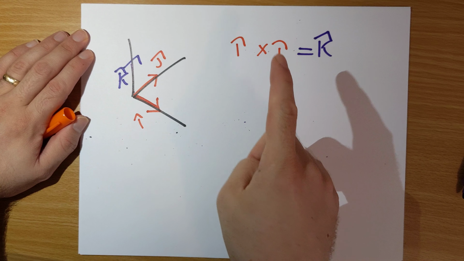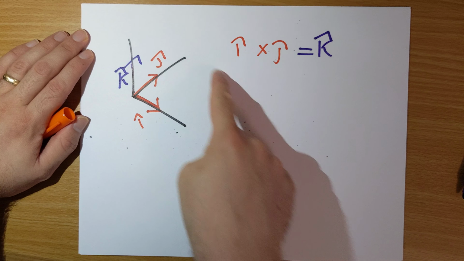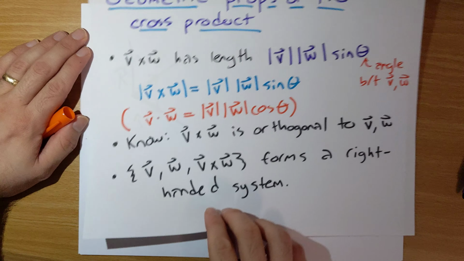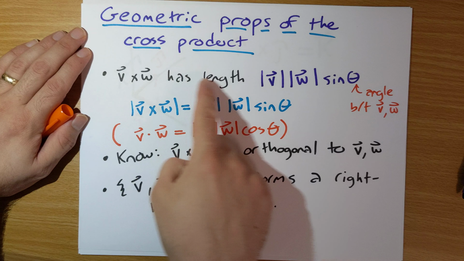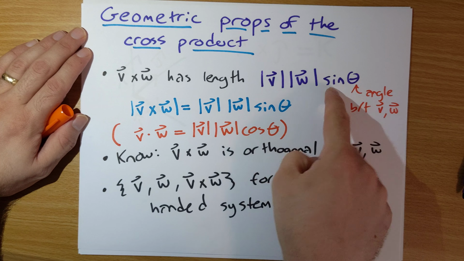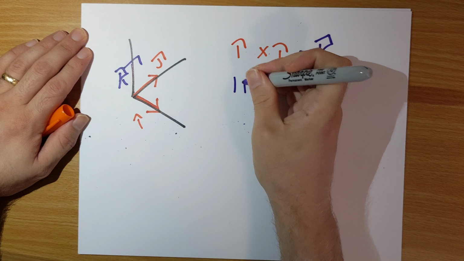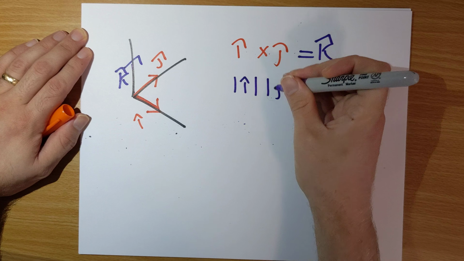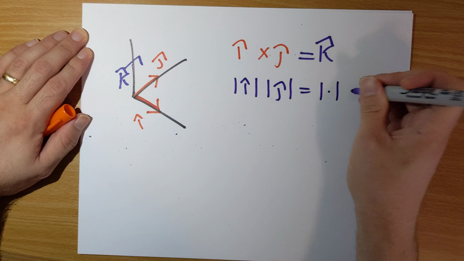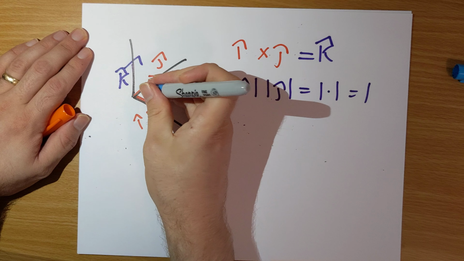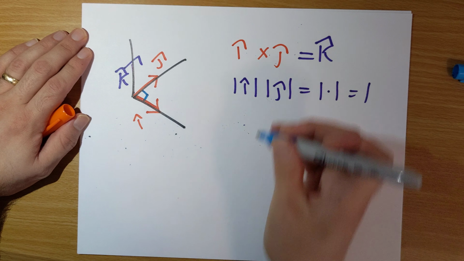Of course, we should double check here that k hat has the appropriate length. V cross w has length magnitude of v, magnitude of w times sine theta. So magnitude of I hat times magnitude of j hat is 1 times 1 is 1. What is the angle between I hat and j hat? It's a right angle.